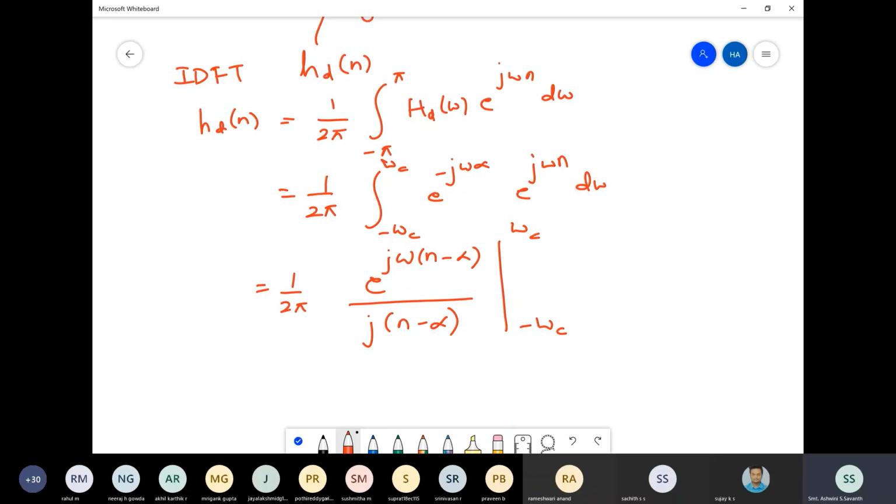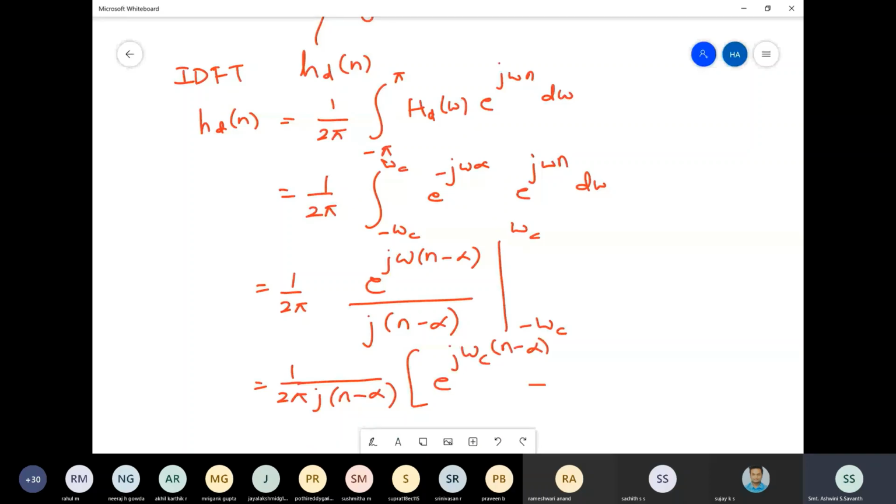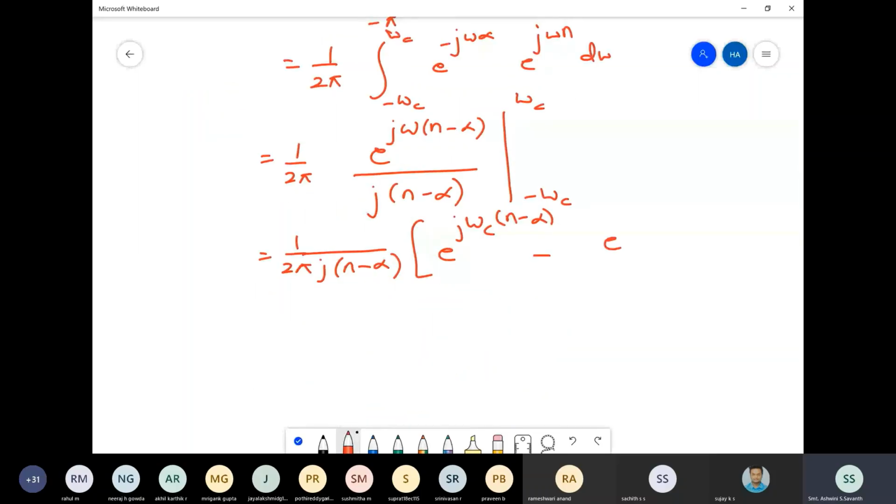Let us substitute the limits. 1 by 2 pi j into n minus alpha as a common factor, times e to the power j omega c into n minus alpha minus e to the power minus j omega c into n minus alpha, which is what we have substituted.